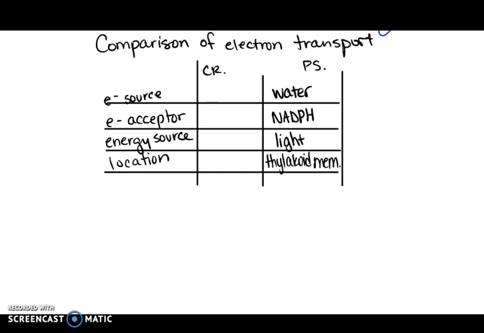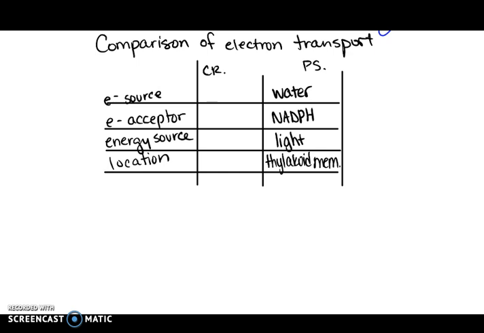Okay, switching over to cell respiration. Remember that this is our last step involved in making ATP for cellular respiration. That's our electron transport chain. So what is the electron source of the electron transport chain of cell respiration? It ultimately comes from glucose. Those glucose molecules get broken down.